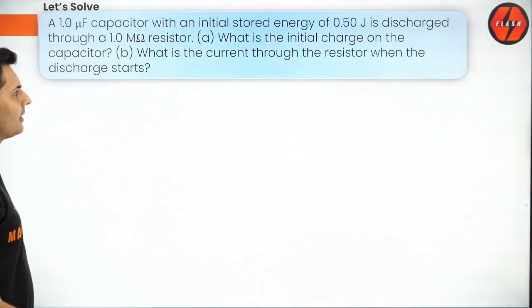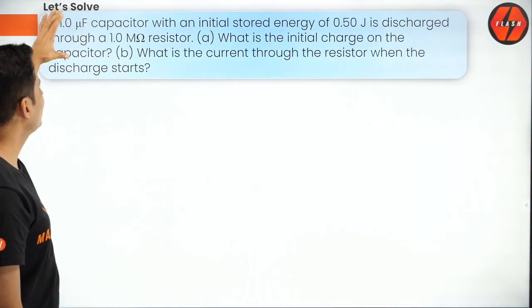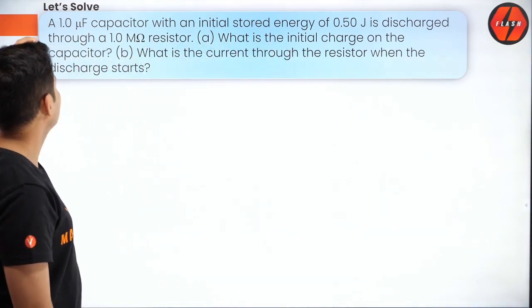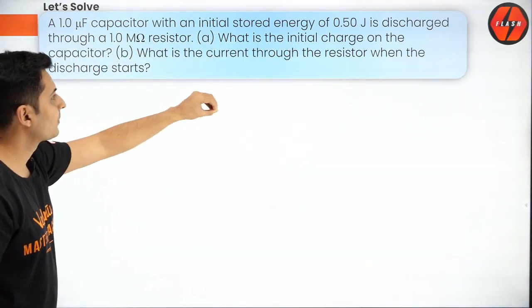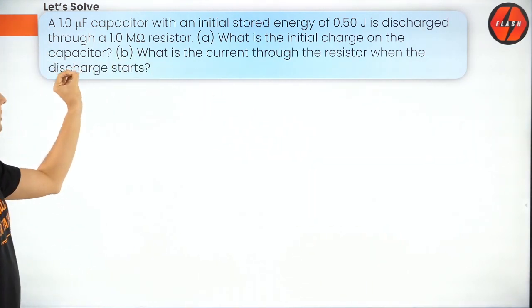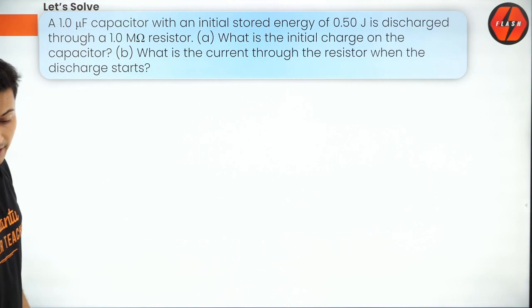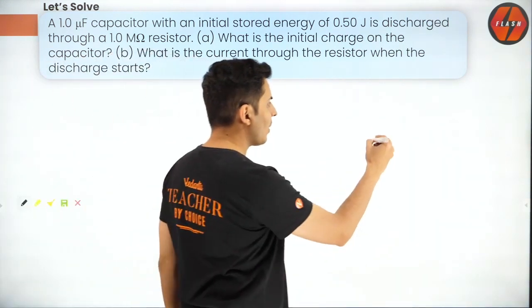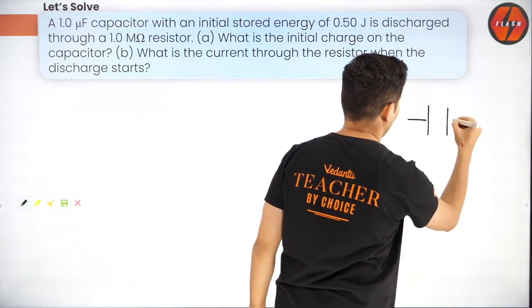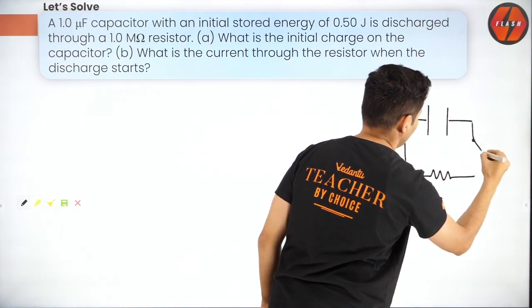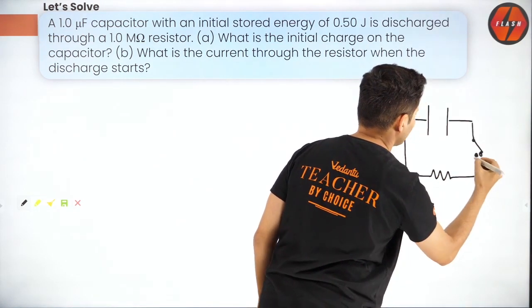Let's do one final question today. Again you have a capacitor with some energy stored in it and it is discharged through a resistor. Find the initial charge, and find the current when the discharge just begins. Very, very interesting question. So let's do this. Essentially what you have is a capacitor which gets discharged when the switch is just closed.